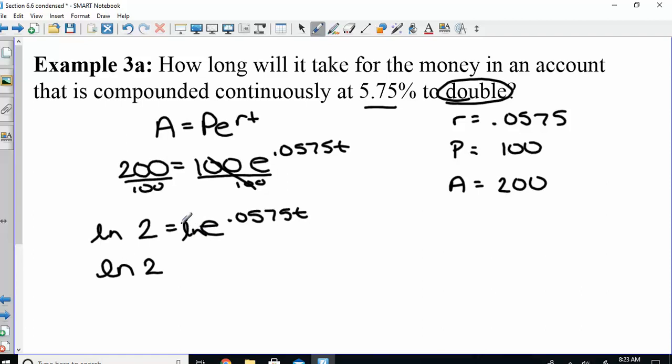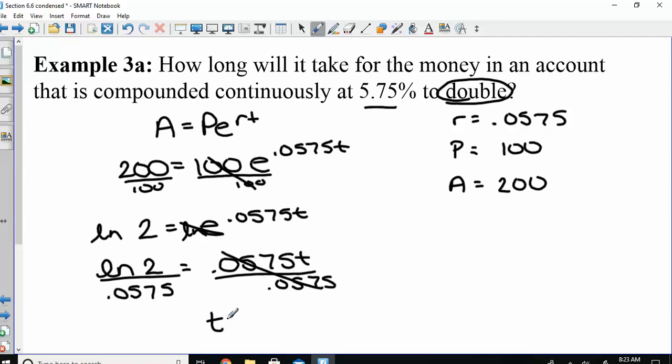On the right, we know the natural log and the e drop. We just divide by the 0.0575. So we get 12.0547, so it's about 12 years.